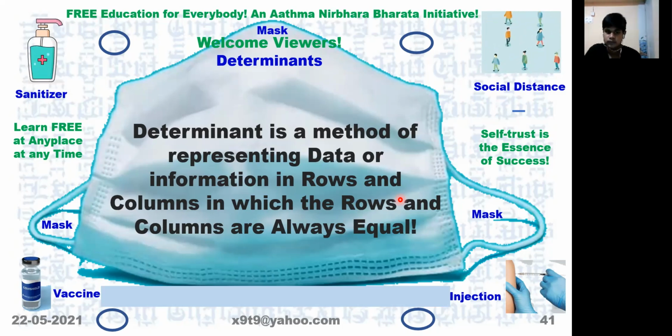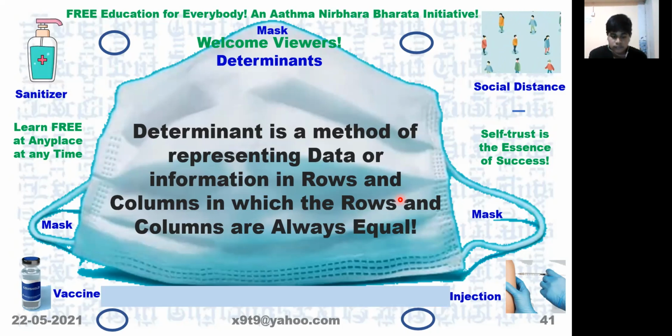See, determinant is a method of representing data, or data means information, in rows and columns, in which rows and columns are always equal.